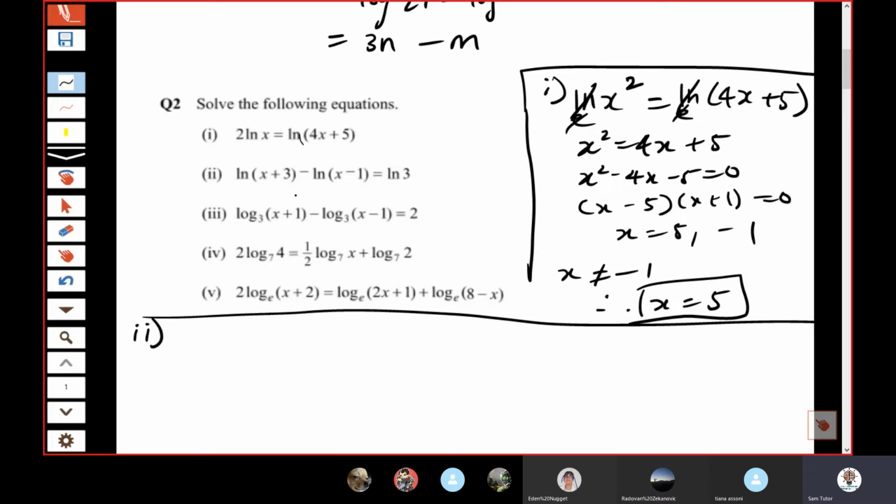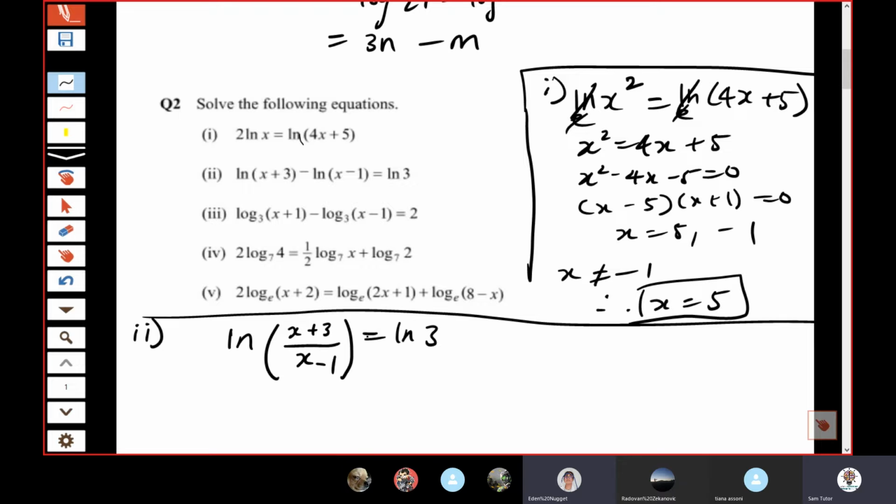Double I. All right, Eden, you want to try it again? Yes. Log x plus 3 minus log x minus 1 equals log 3. Okay, log 3, I think we can agree there's nothing wrong with it. Just leave it. Log something minus log something, log, what are you going to say? x plus 3 over x minus 1.